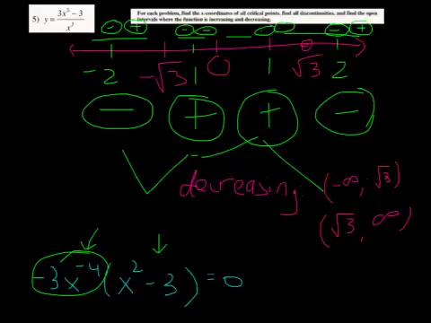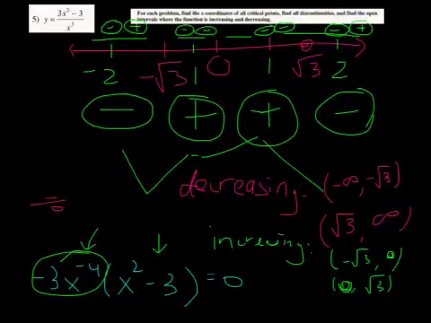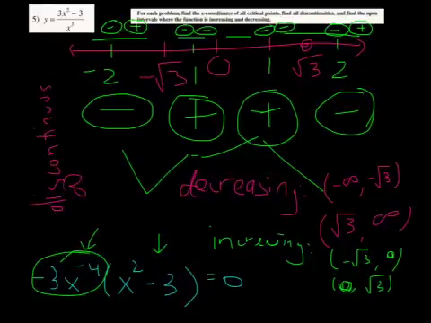And then it's increasing from negative radical 3 to 0 and 0 to radical 3. And the last thing is it is discontinuous at x equals 0. And that's it for the first question.